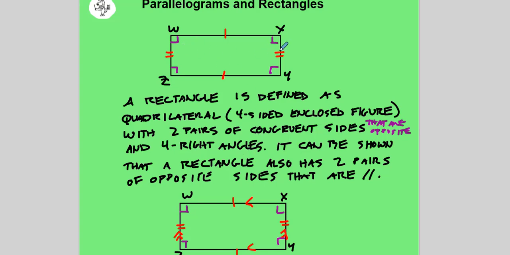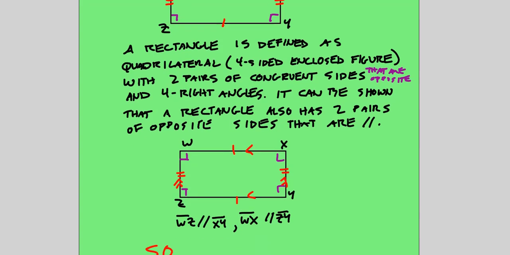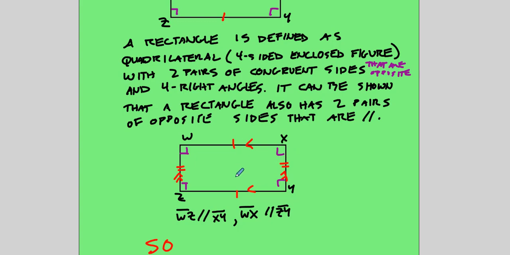So here's a pair of opposite congruent sides, and here's another pair of opposite congruent sides. It can also be shown that a rectangle has two pairs of opposite sides that are parallel. So these sides are congruent, but they're also parallel. These sides are congruent and they are parallel. So we can say that segment WZ is parallel to segment XY, and segment WX is parallel to segment ZY.